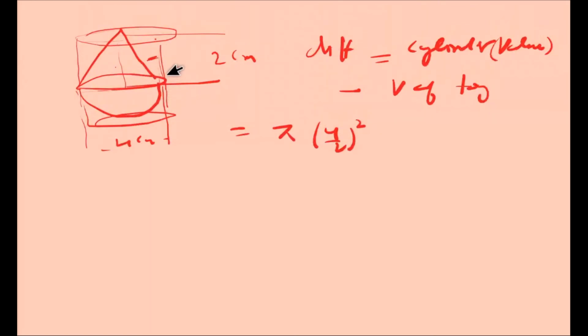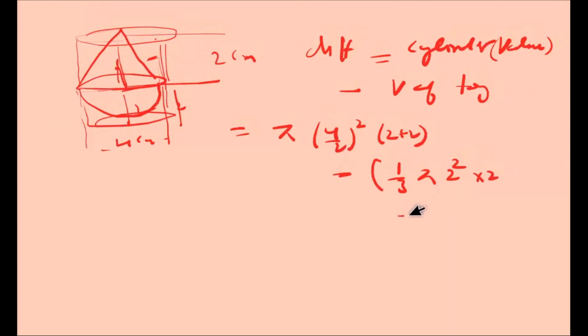What is the height here? This one is 2 and this one is also 2, so total height is 4, 2 plus 2. Now volume of the toy is volume of cone, 1 by 3 pi, r is 2, and h is also 2, plus volume of hemisphere, that is 2 by 3 pi, r is 2, so 2 cube. Now you can calculate this very carefully.